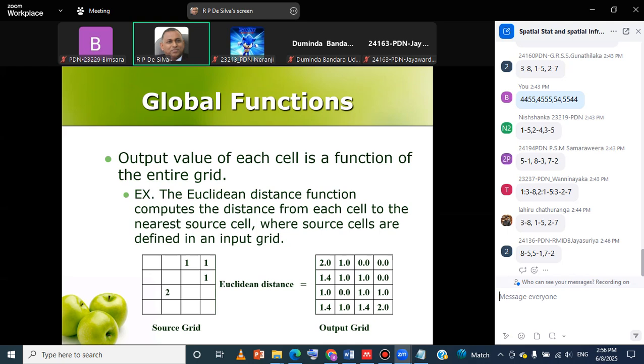Now take this cell. Can you see that cell where I am referring to?